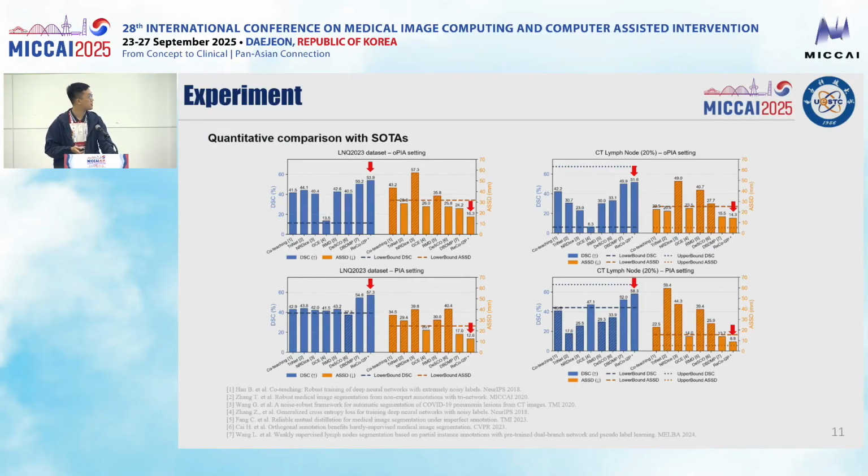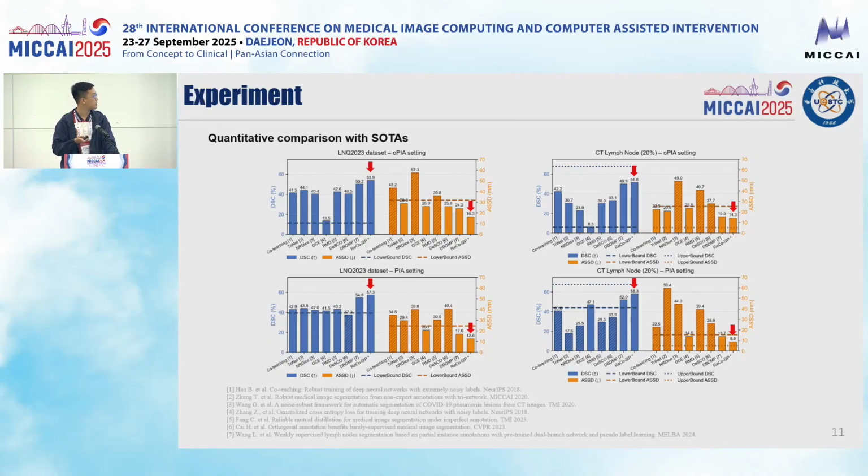Here are our results. The first row shows the performance under the setting of orthogonal partial instance annotation, which is an extremely sparse label.